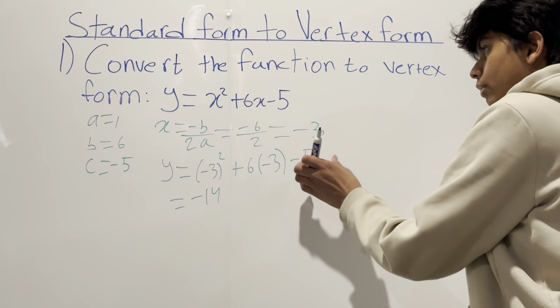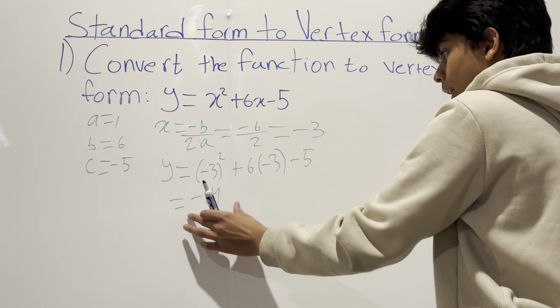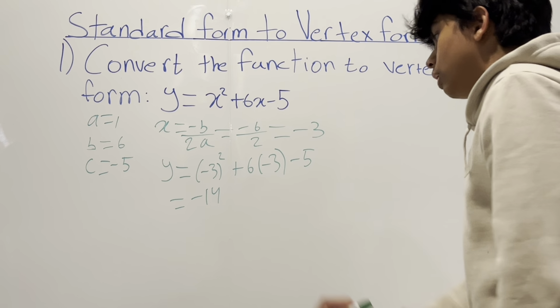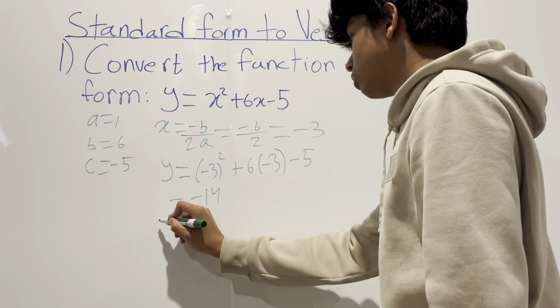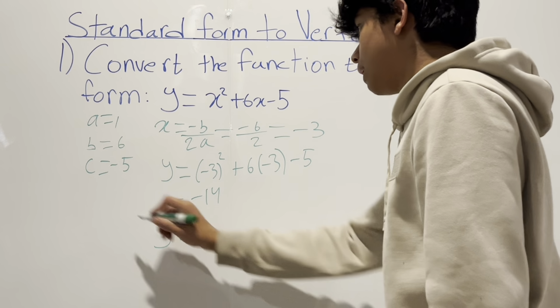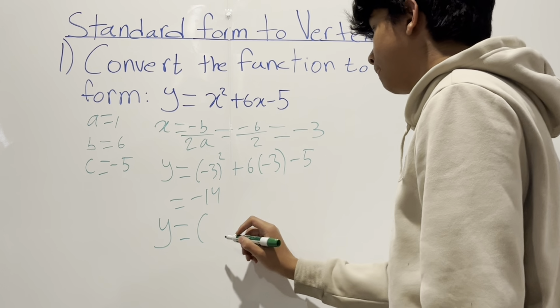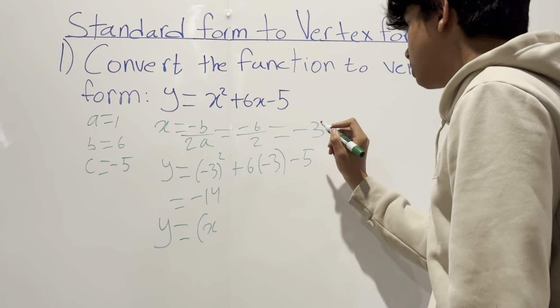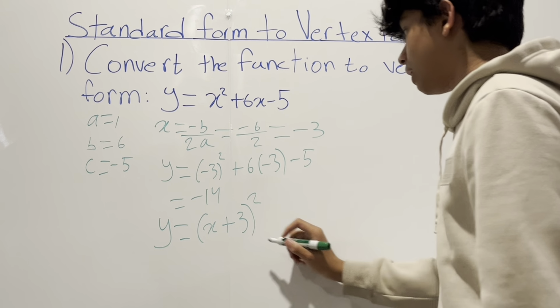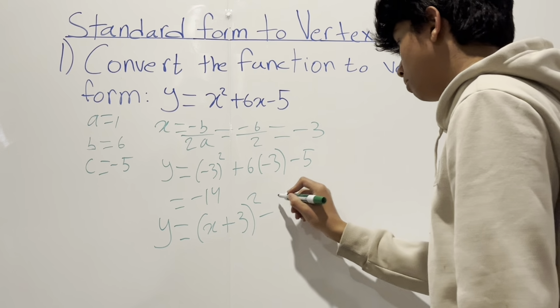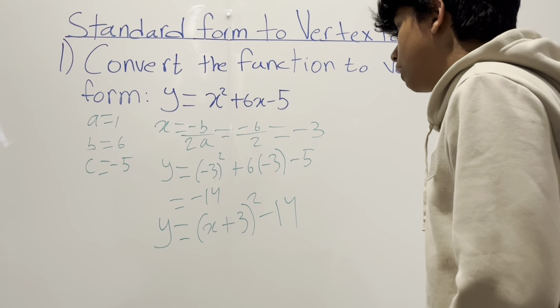So we have our a value, our k value, and our h value. Now we can put it into the vertex form equation: y equals, a is just 1 so we can ignore it, (x minus negative 3), so it's positive 3, squared, and then k is negative 14, so minus 14. And this is our final answer.